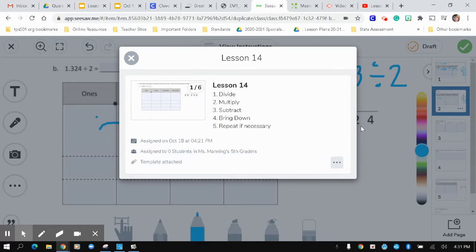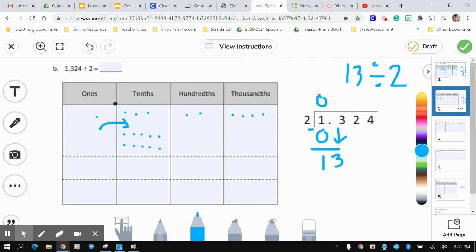So we are at step 1 because we needed to repeat. We're at divide, 13 divided by 2. So I'm going to take these 13 tenths and split them into 2 equal groups. 1, 2, 3, 4, 5, 6, 7, 8, 9, 10, 11, 12, 13. I wouldn't have enough for an equal group.